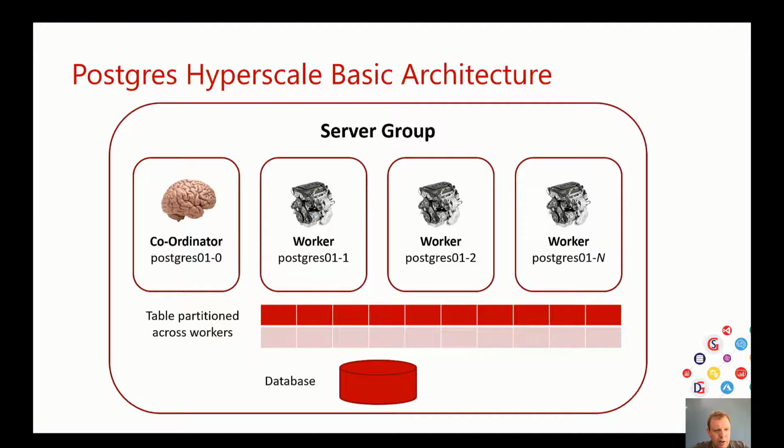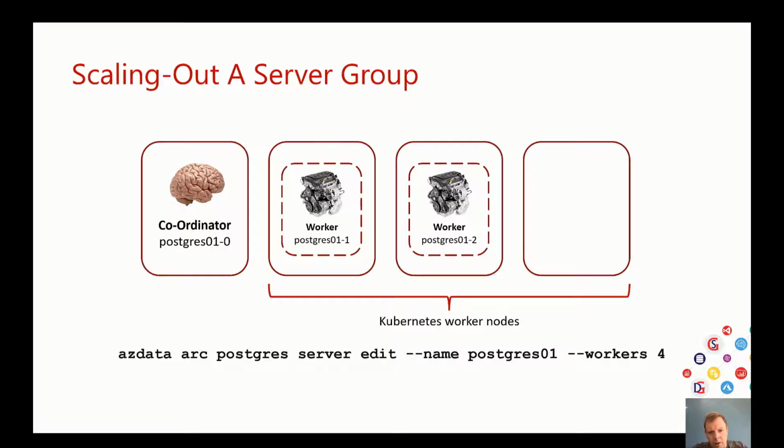Your coordinator farms out work to your workers and aggregates the results that they return. You have one database per server group, and you partition tables across the workers. You can scale out your server groups. Obviously, you need enough space in terms of CPU and memory on your worker nodes.